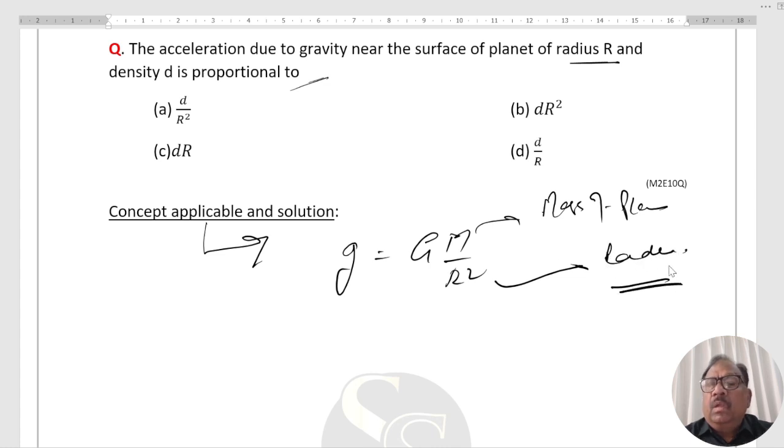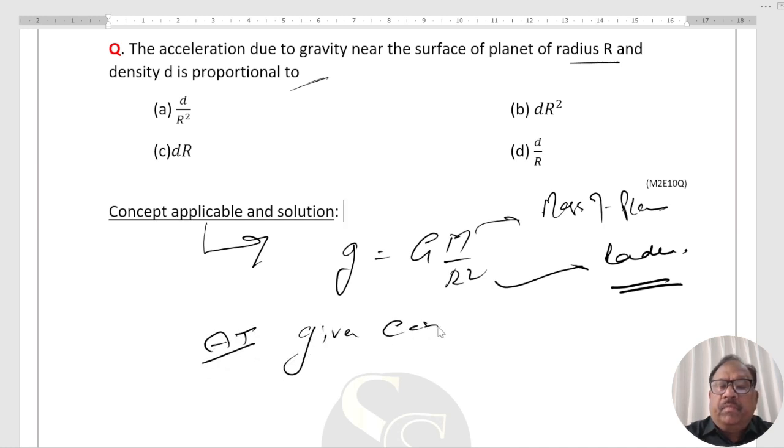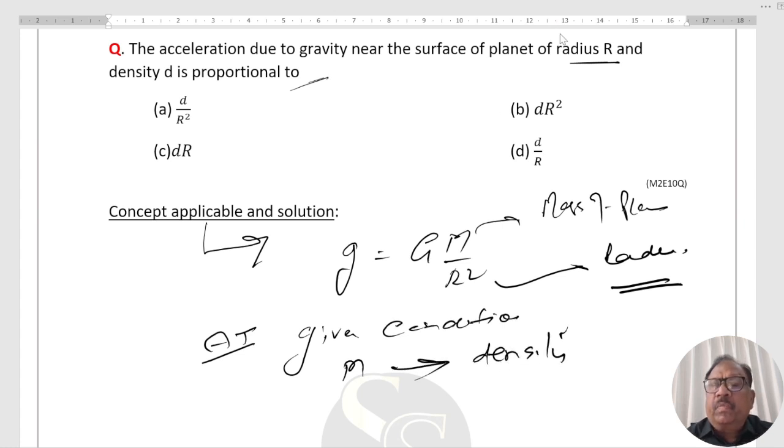Right? Now, according to the given conditions, mass is to be converted into density.